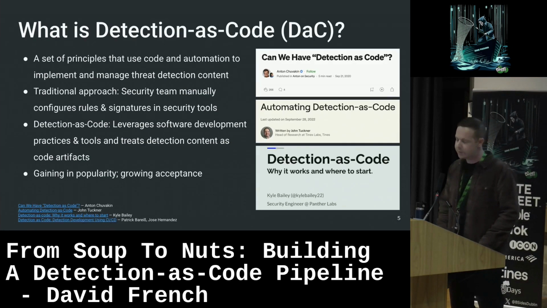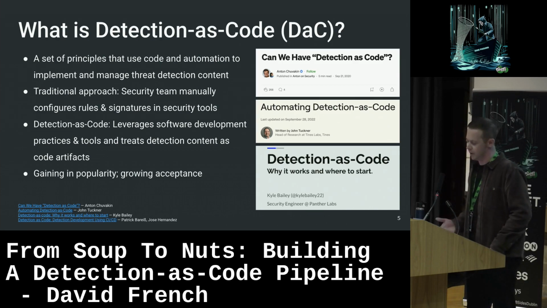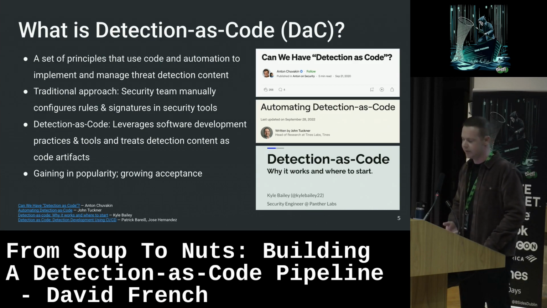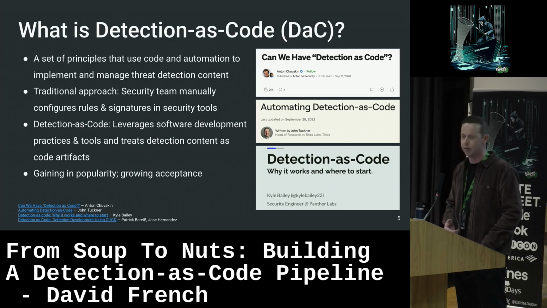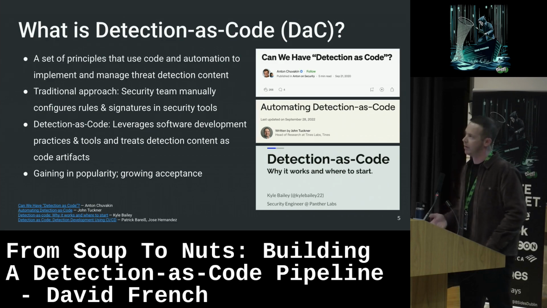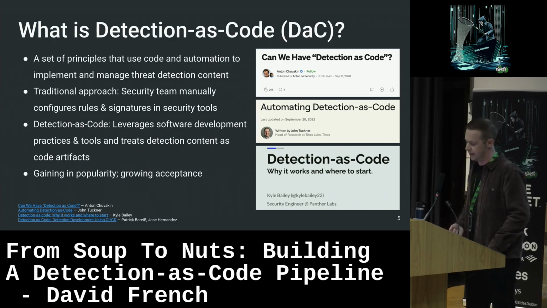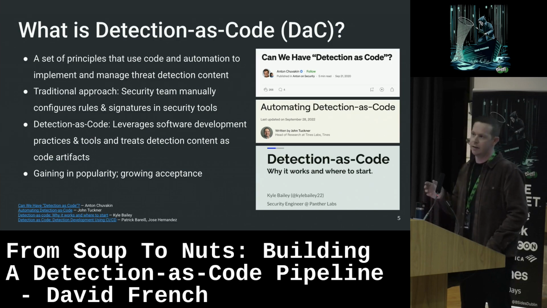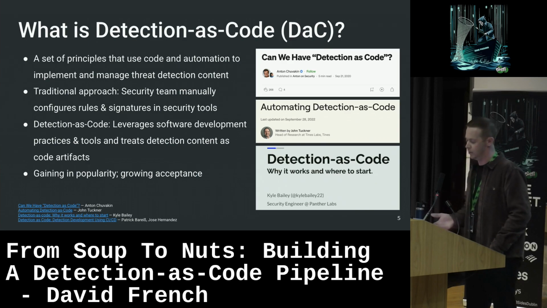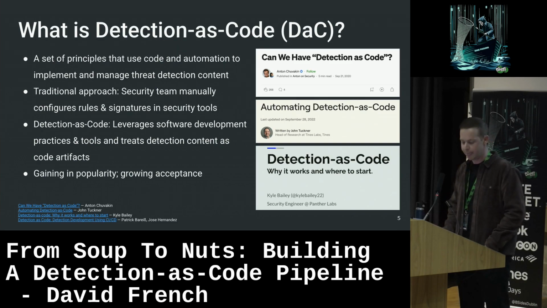All right, so here's my definition for what detection as code is. I like to think of it as a set of principles that use code and automation to implement and manage threat detection content in your tools. The traditional approach for managing our rules is to log into your SIEM, EDR, firewalls, and manually configure those rules and signatures, right?